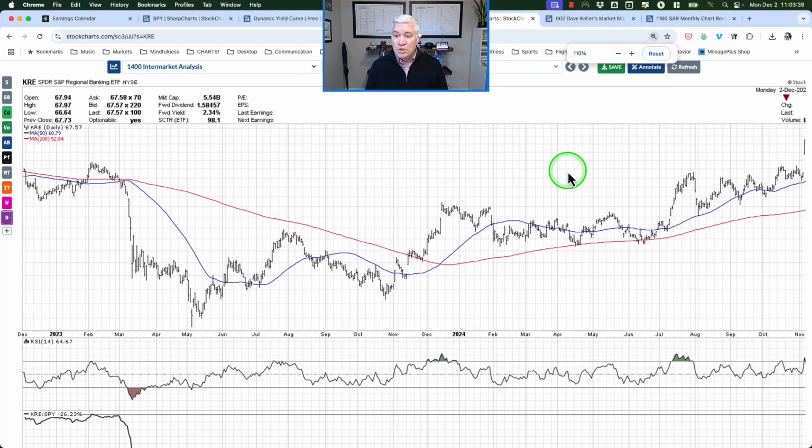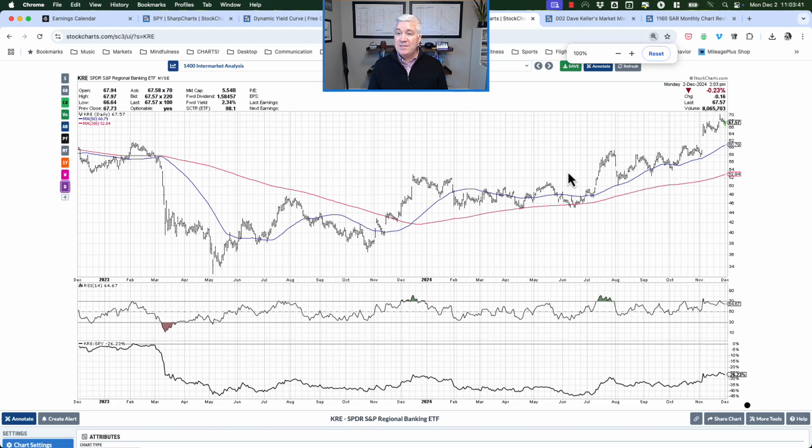All right, so two charts that I will share with you besides the dynamic yield curve, and I would keep an eye on that really. When I think about retail investors versus institutional investors, having worked with a lot of institutional investors, we would always look at the shape of the yield curve. We wouldn't necessarily chart the 10-year point as much, although I'd know it and we look at it. For an institutional investor, it's really more about the shape of the yield curve because they understand what that tells us.